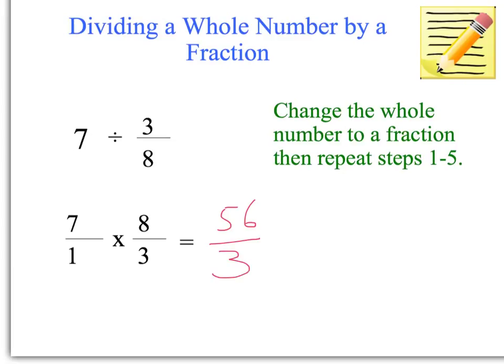Then we have to find out how many 3s can be divided into 56. So I'm going to do this as a little division here. 3 1s are 3, with 2 left over. 3 7s are 21, 3 8s are 24, with 2 left over. So it's 18 and 2/3.